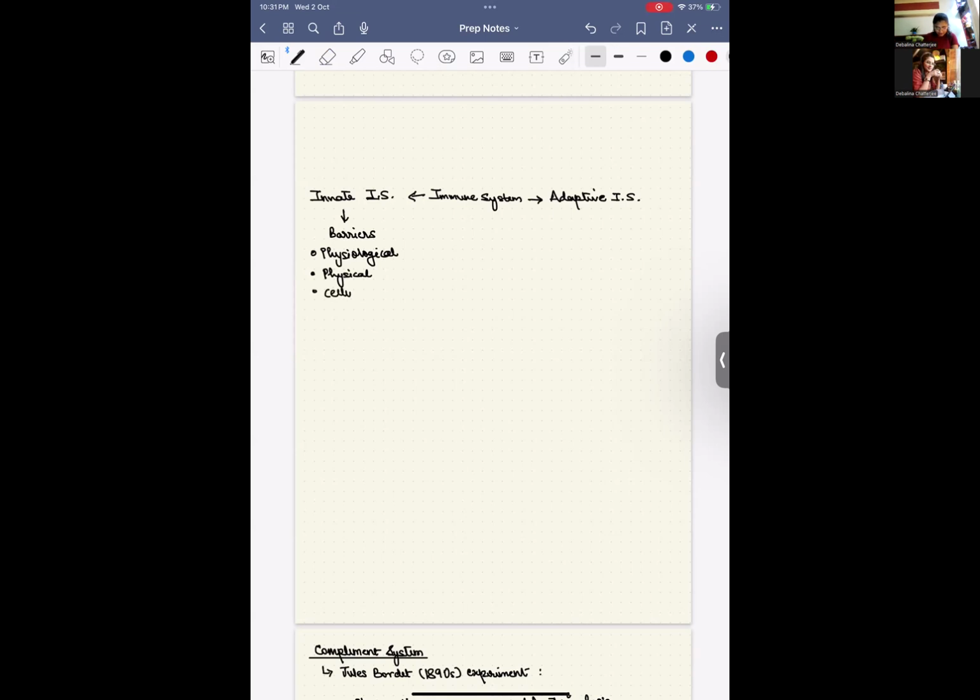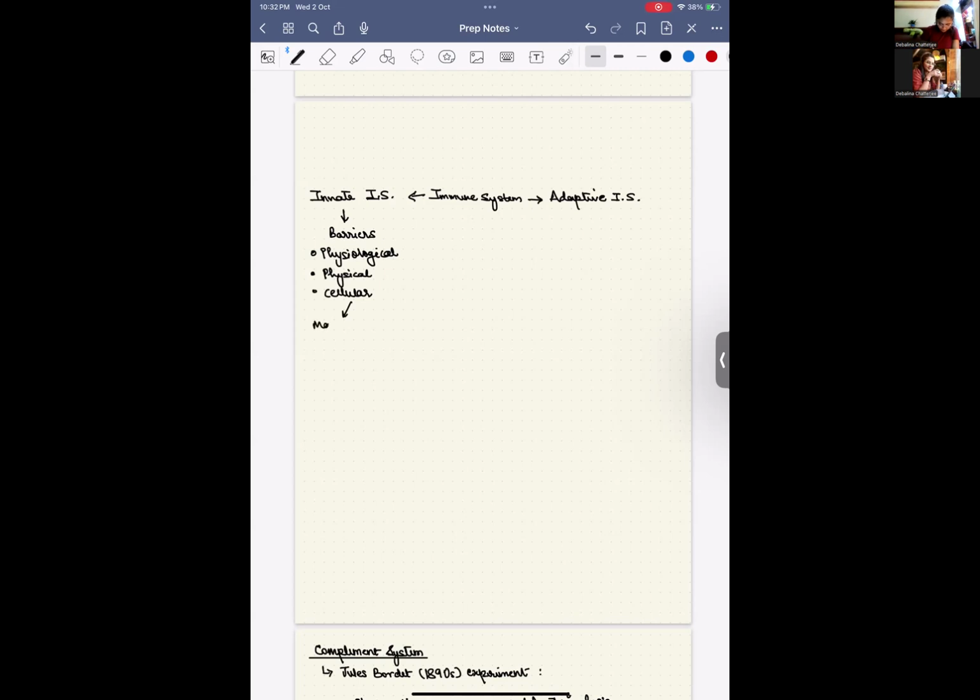We have the cellular barrier, where the phagocytes, the eosinophils, the neutrophils, basophils, all sorts of cells of the innate immune system that we discussed. So which all cells?